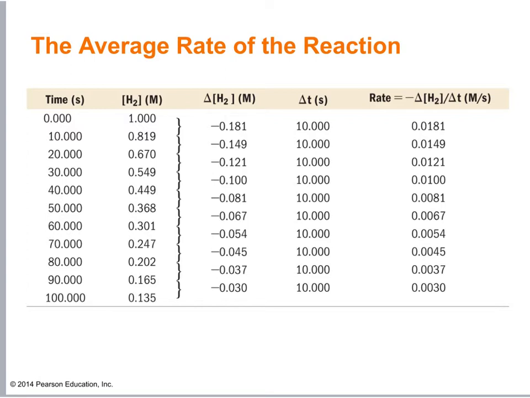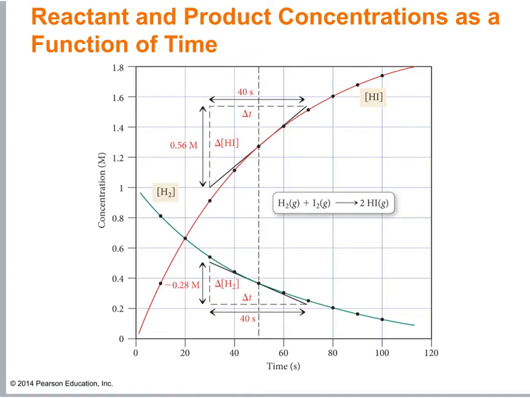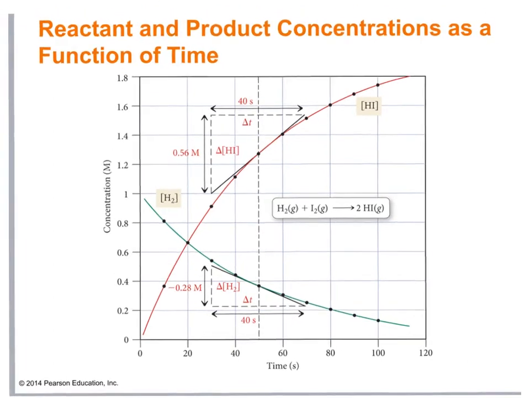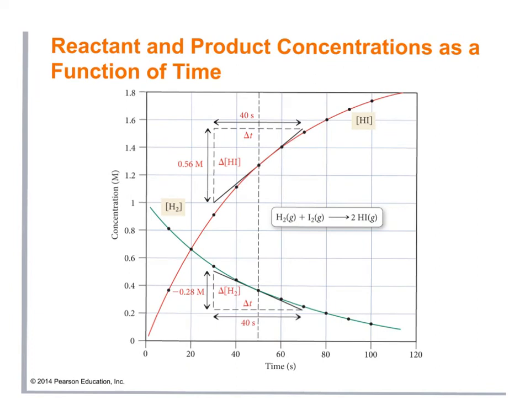If you look at these time factors, we've got time from 0 up to 100 seconds, in increments of 10 seconds, and we can look at those rates throughout, but then we can also look at an averaging of those rates. The reactant and product concentrations are a function of time.